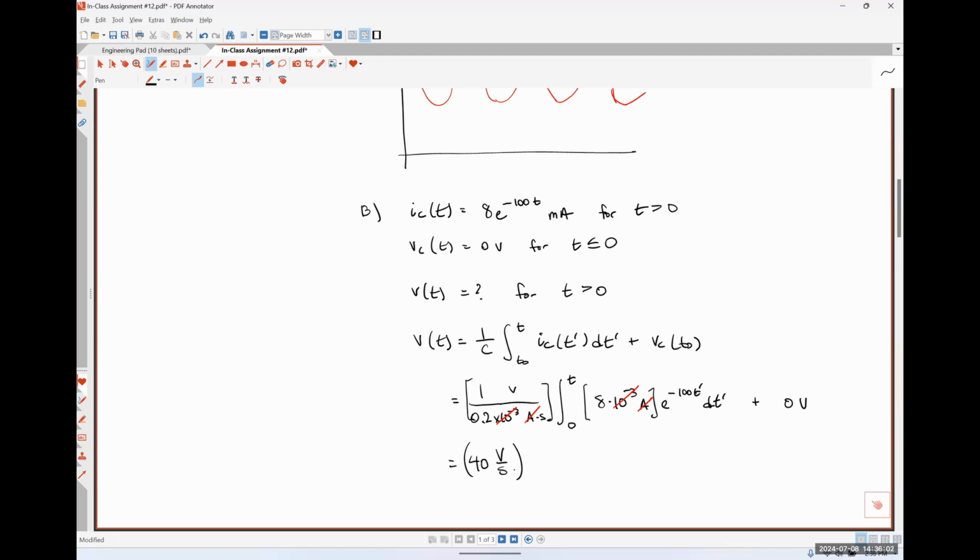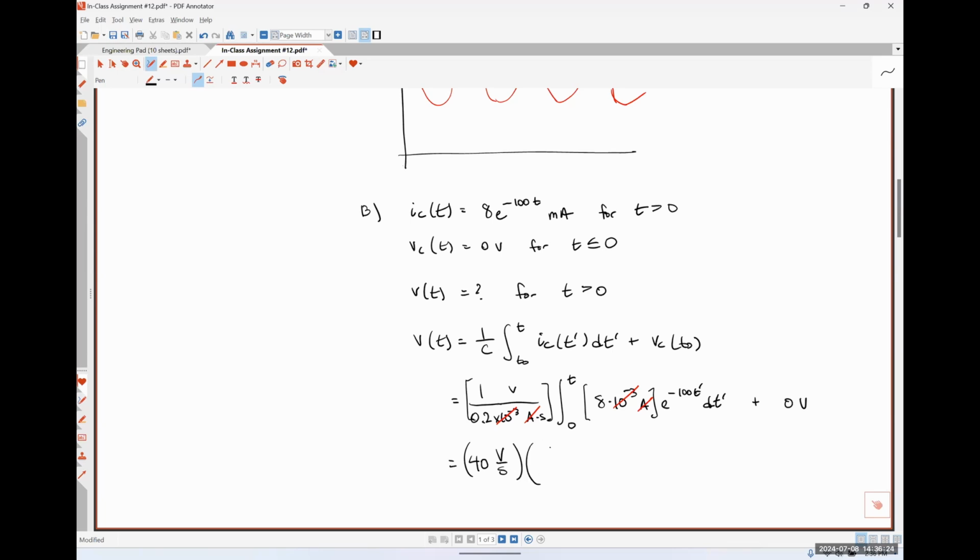Now we need to integrate e to the minus 100t. How do I do that? You just divide by negative 100.